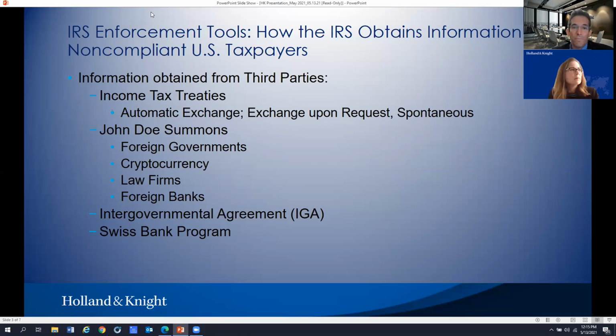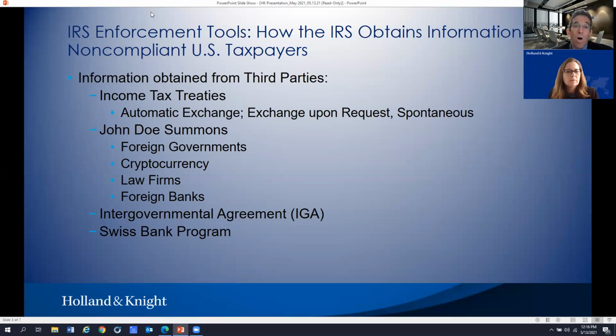Then we go right into John Doe. John Doe's been in the news a lot lately. Perhaps you're familiar with it, but a John Doe summons is authorized by section 7609(f) of the Internal Revenue Code. It allows the IRS to obtain information on a group of taxpayers when it doesn't have their identity.